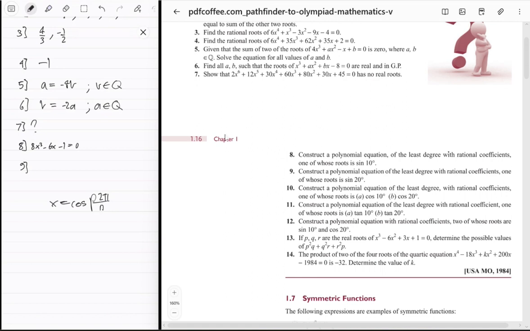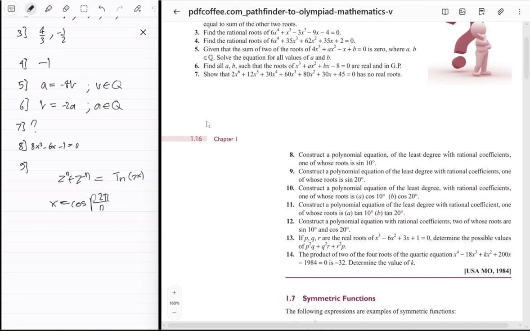You collect terms, and z^k plus z^(-k) can be written as a polynomial of x. So the sum z^n plus z^(-n) is like T_n of 2x. You can do something like that.